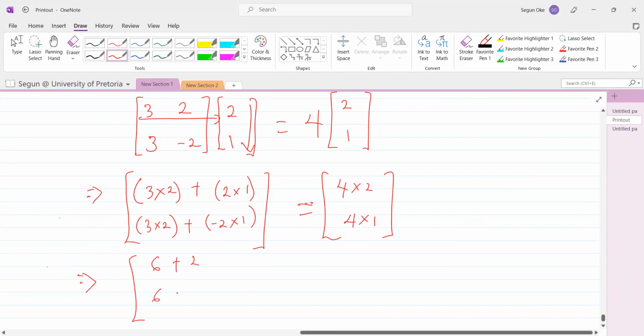And here is 6 minus 2, which is the same thing as 8, 4, right? So we have it to be 8, 4 here too. At the end of the day, we have it to be 8, 4.